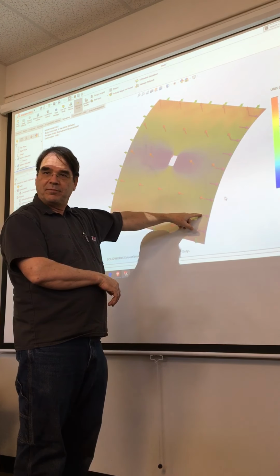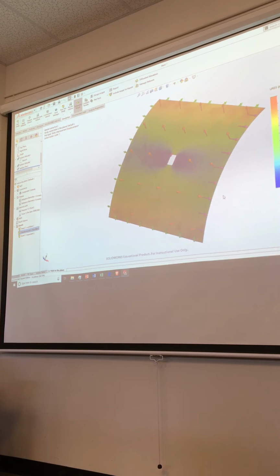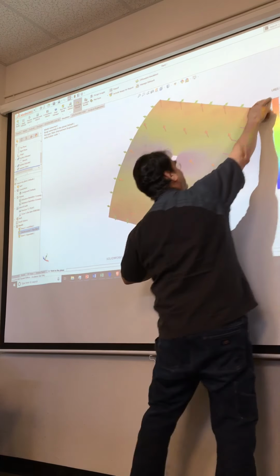What if we just fixed one of these ends down there and put a force going that way? Could we do that? Yeah, instead of having the pressure that we did. Now, the problem is if we do that right now, what's it going to do? We're pulling over there, we're fixed over here, it's just going to flop this whole thing down.